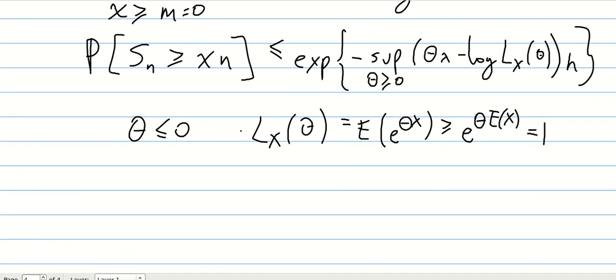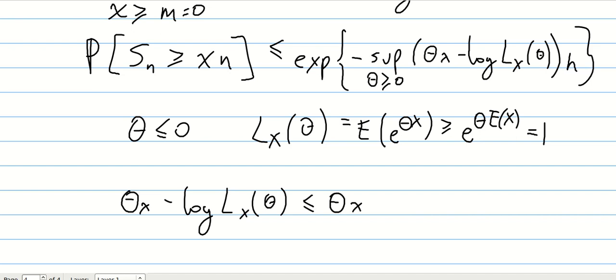And when we take the supremum here, theta x minus log of the Laplace transform is going to be smaller or equal, because the larger or equal with this minus sign becomes smaller or equal, to the log of 1, which is 0.